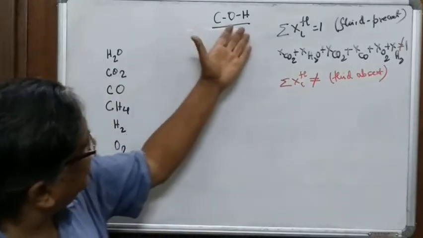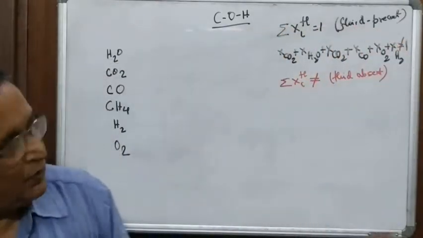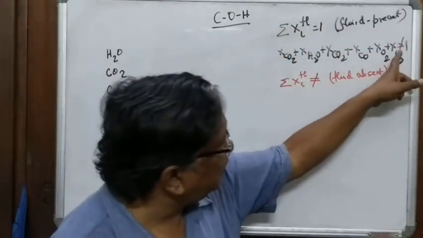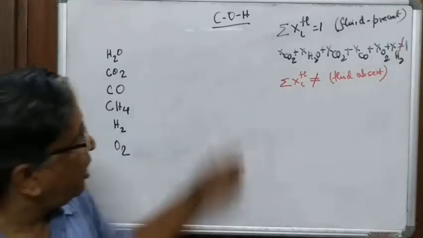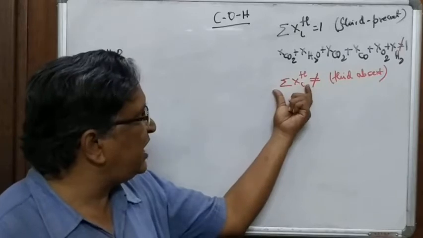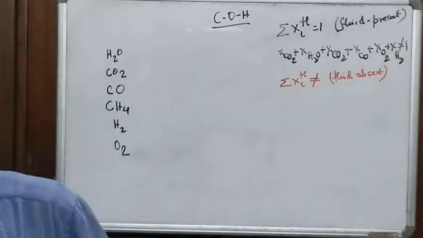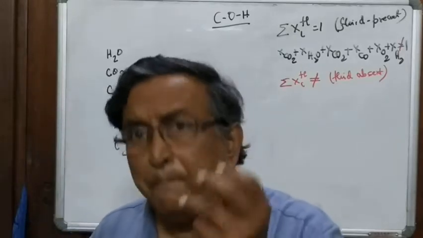So for this COH, you can treat it as a fluid present system, which would mean the summation of all this is equal to 1. Or you can have it as a fluid absent situation, where summation xi fluid is not equal to 1, which means you lose this equation. Remember, losing an equation is a big, big thing.